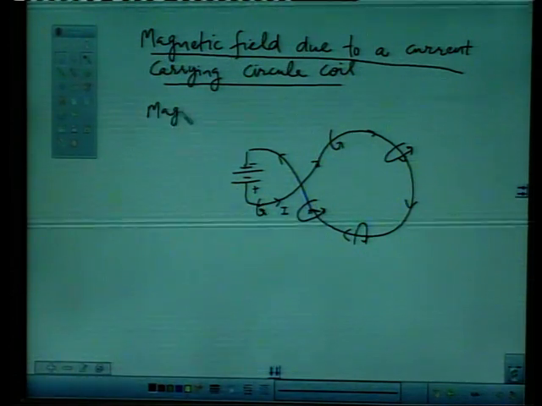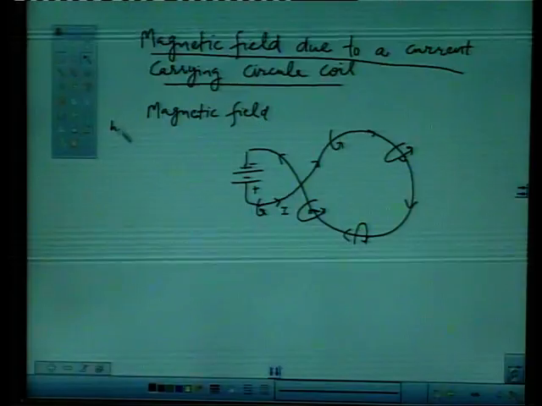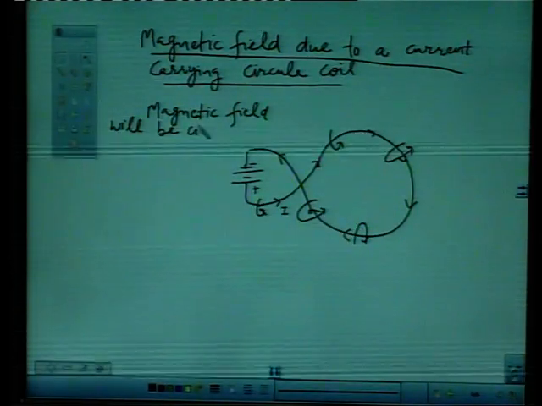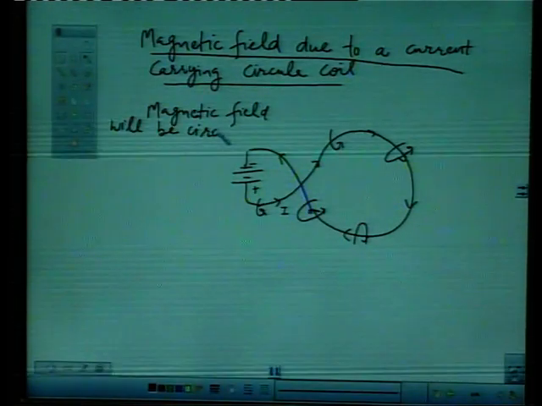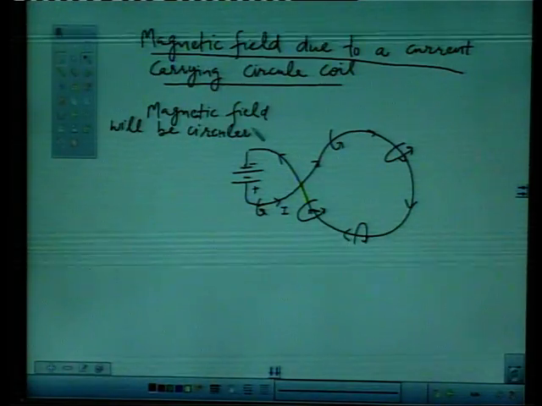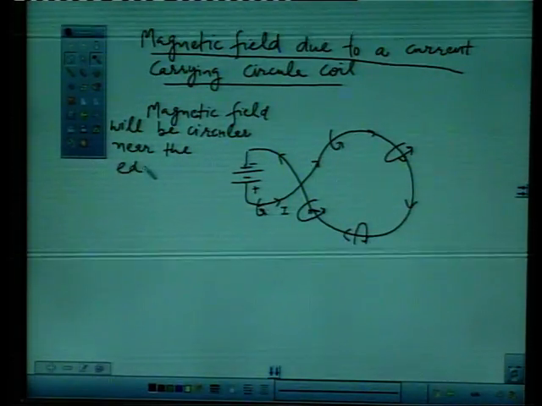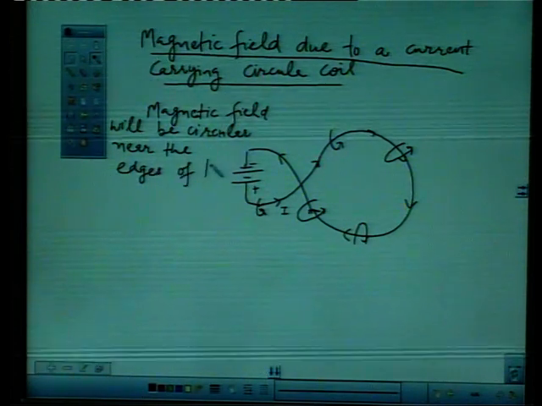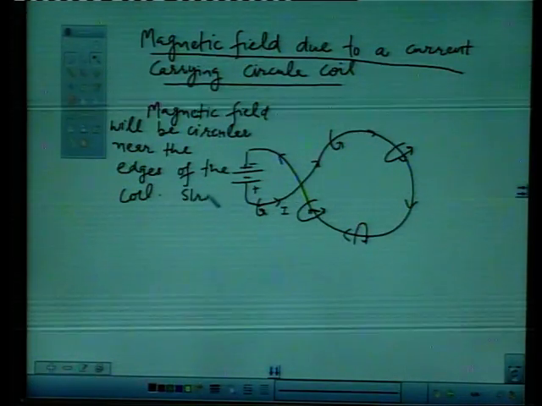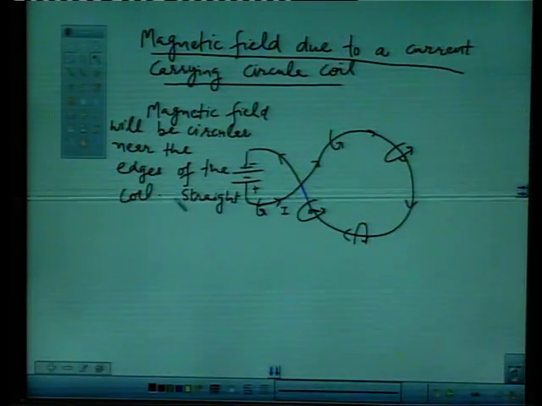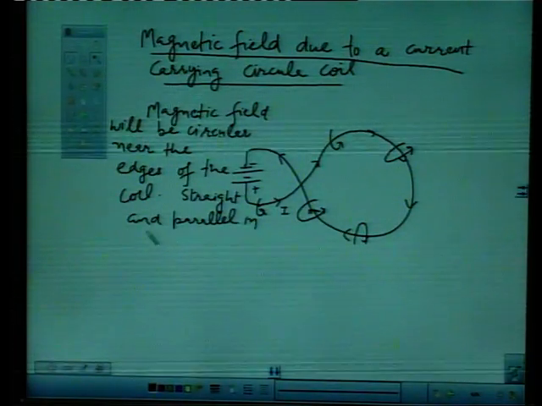The magnetic field will be circular near the edges of the coil and straight and parallel in the center.